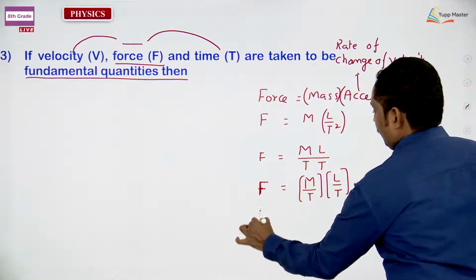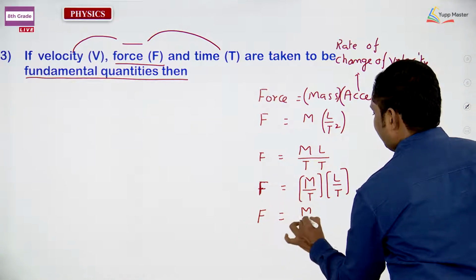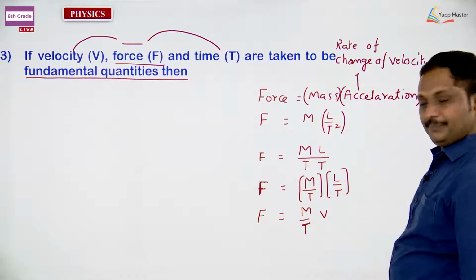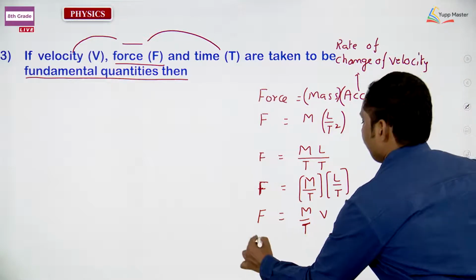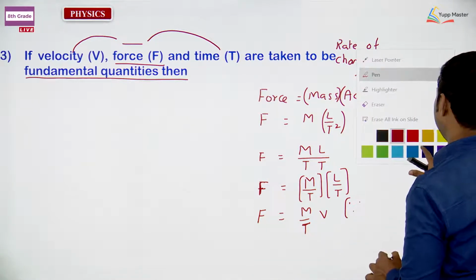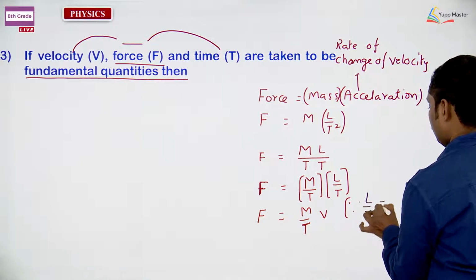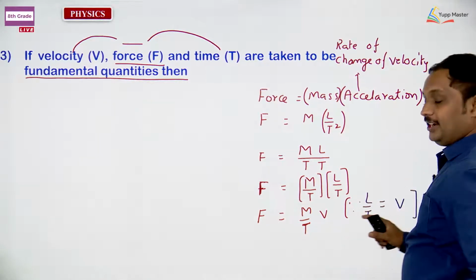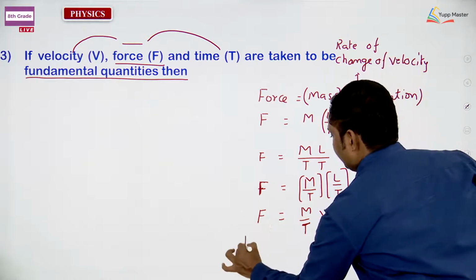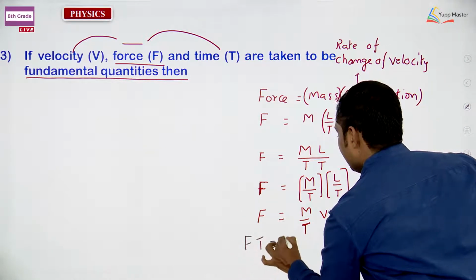All right. Now you can write down F is equal to m by t into, this is v. Now since L by t is equal to v, velocity, it represents that velocity. Therefore, you will get this one, Ft is equal to mv.